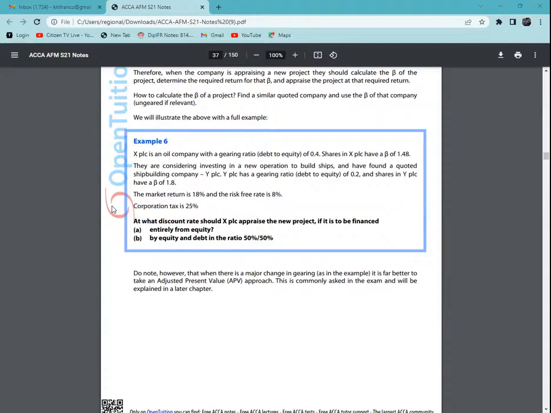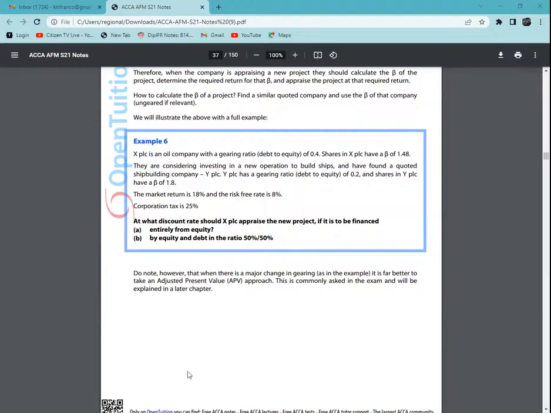Actually, if I were you, I would even print this book. This book printed, you can never go wrong. So I've sent it to you guys through WhatsApp.